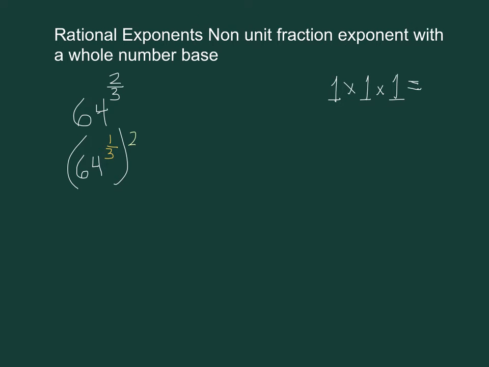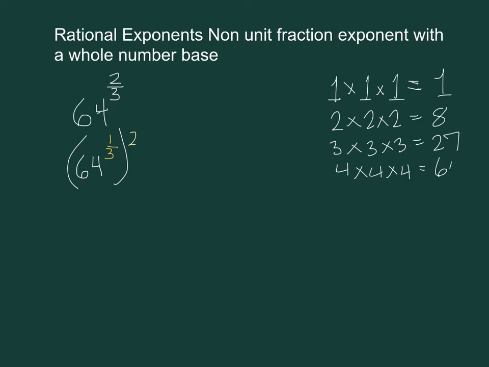Well, 1 times 1 times 1 is simply 1. Now let's go to 2 times 2 times 2, which we know is 8. And then 3 times 3 times 3, which we know is 27. And 4 times 4 times 4, which there is my 64.